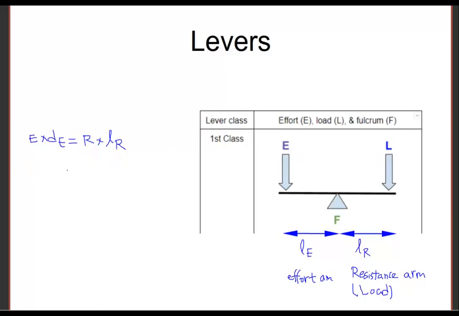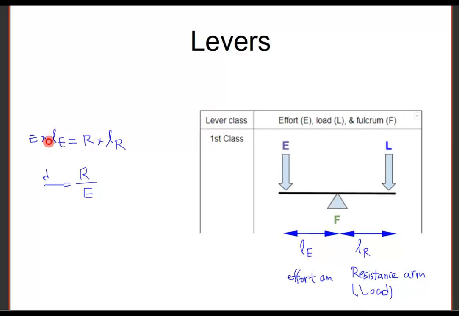Therefore we wanted to know what is R over E, and based on cross multiplication we can write LE, which is the effort arm.